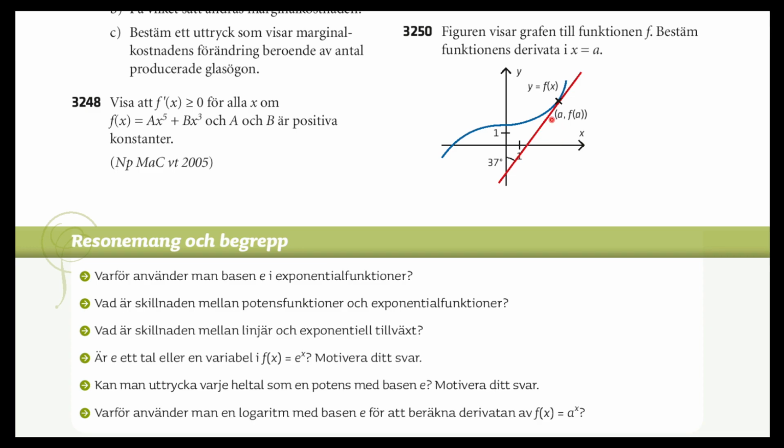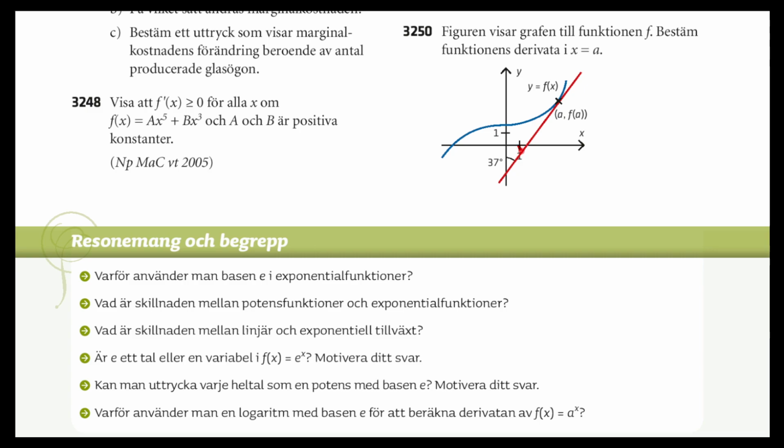Because this angle is equal to this angle. They are vertical angles, opposite angles. And this triangle is supposed to be a right angle triangle. So what is this angle anyway? 53. So this angle is 53.